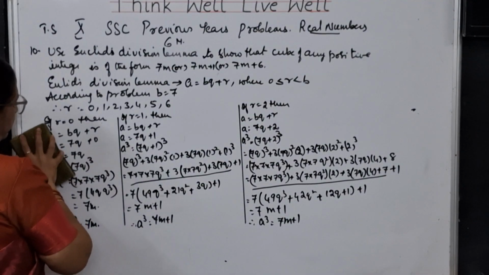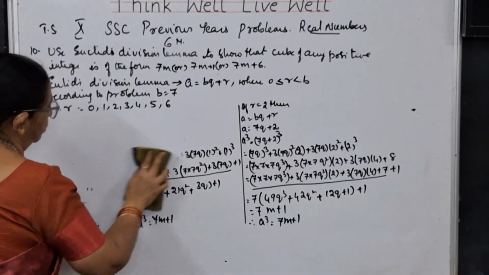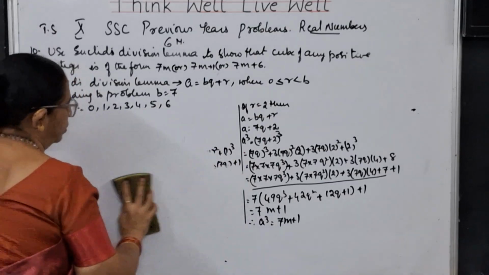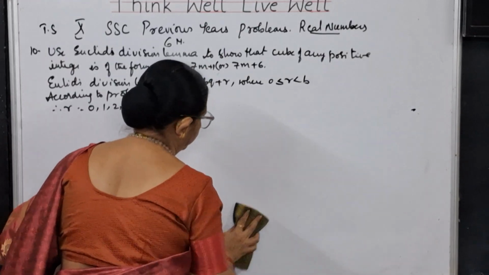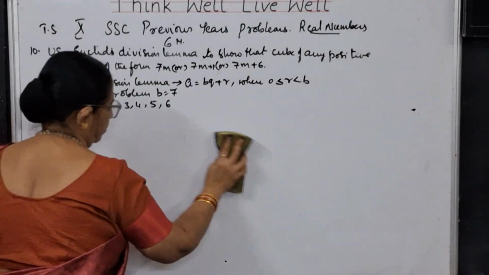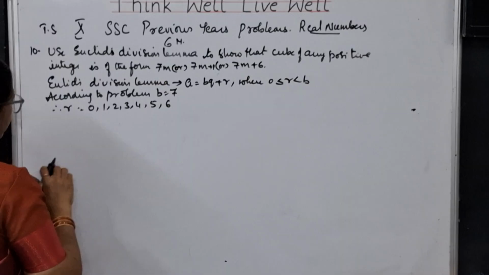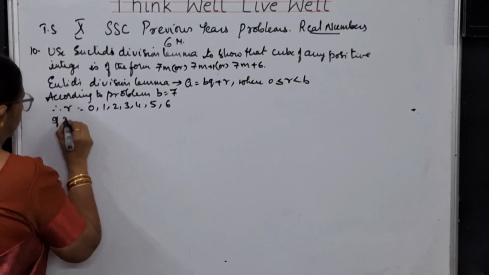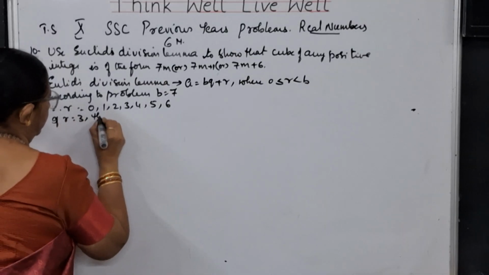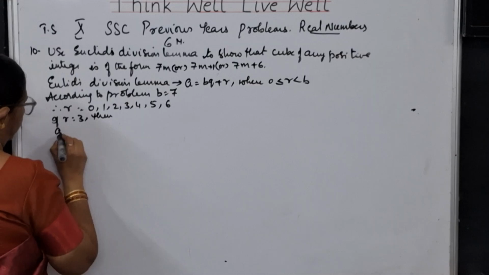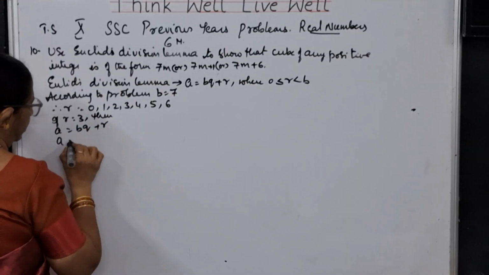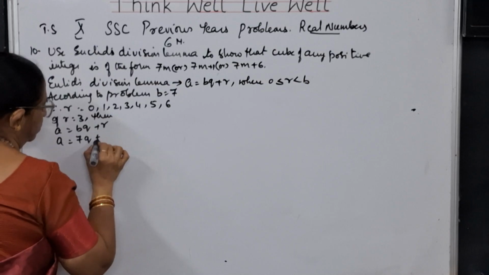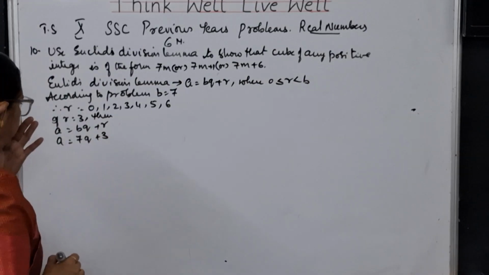If r is equal to 3, I should do. r is equal to 2, I have done. Now, if r is equal to 3, then a is equal to bq plus r. That means a is equal to 7q plus 3.